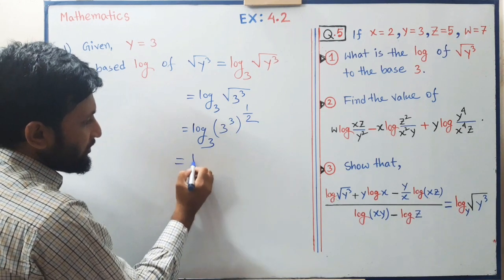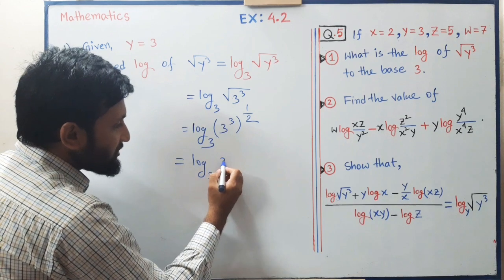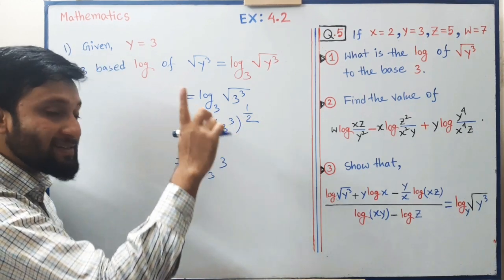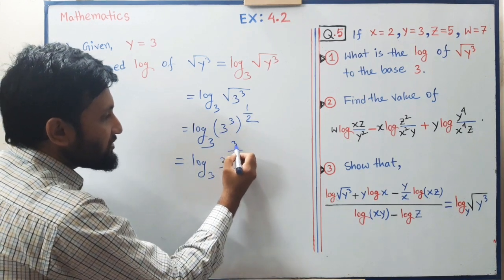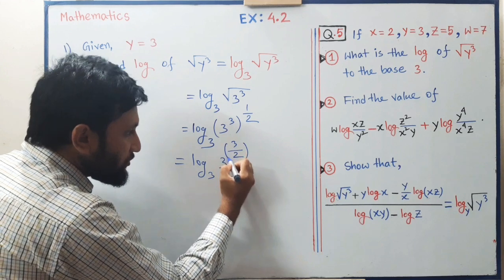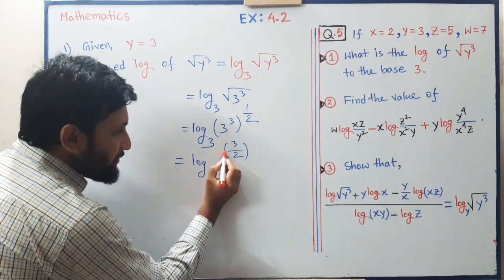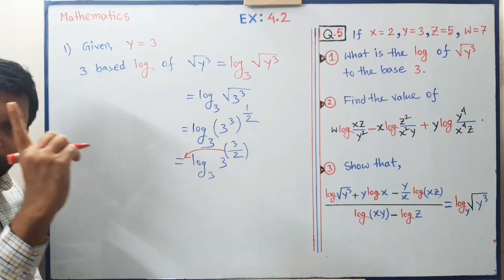Then log base 3, we can set this as 3 to the power, because we know a double power is set as a multiplication. So 3 into half, that means 3 by 2. Now we can set this power as a coefficient of the log according to the formula.